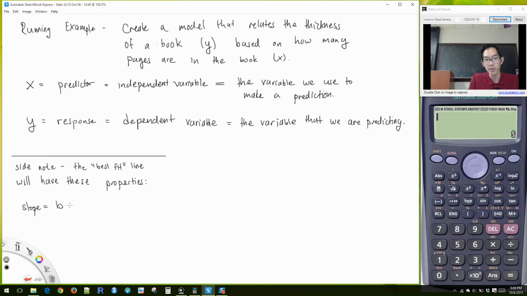Yeah, the slope b is equal to r sy over sx. What is r? R is your correlation, so you should know that. Sy is the standard deviation of the y variable, and Sx is the standard deviation of x.